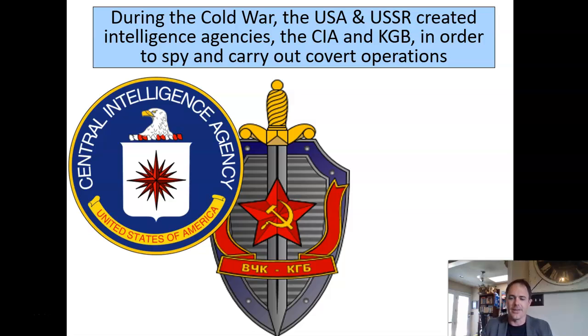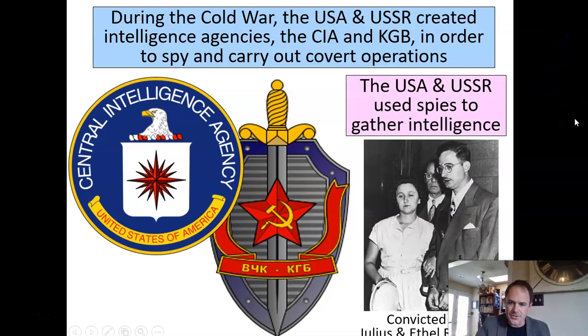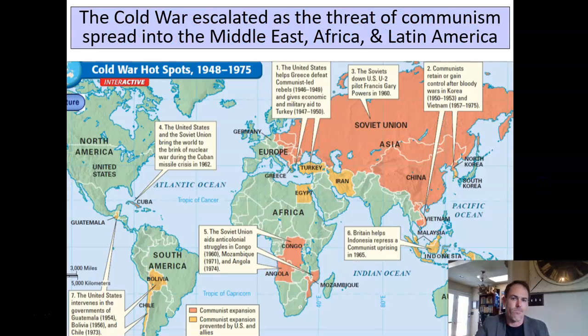The KGB operated in foreign countries gathering intelligence for the Soviet Union. And they mostly did that through spies, human intelligence, such as Julius and Ethel Rosenberg, but increasingly also using spy planes overhead, taking pictures, gathering information that way.